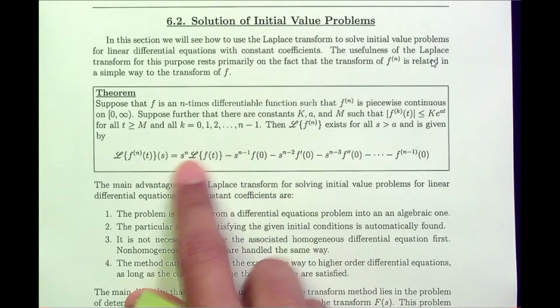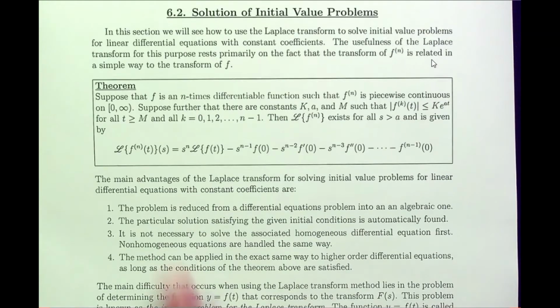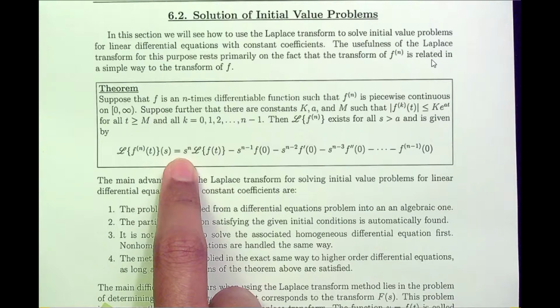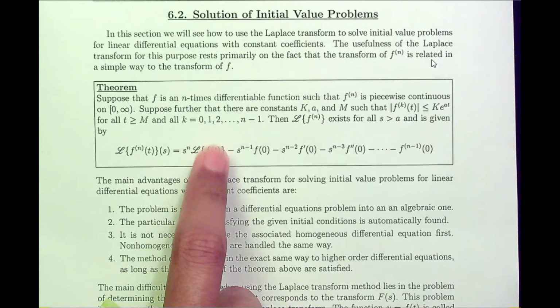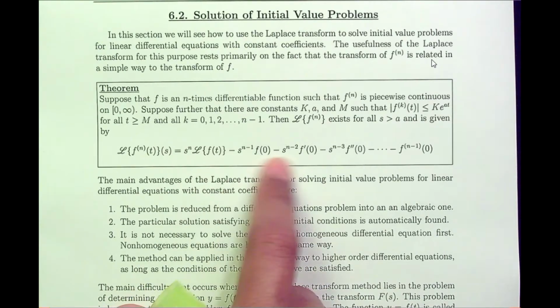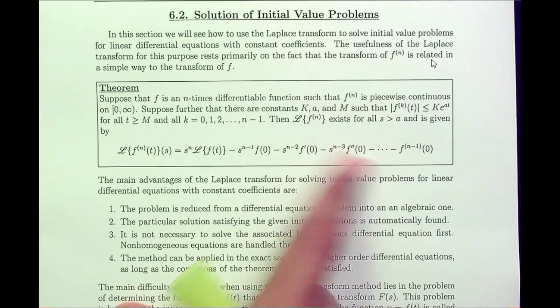And moreover, there's a neat little formula that allows you to express the Laplace transform of the nth derivative in terms of the Laplace transform of f without derivatives, just the original f, and the derivatives at 0.